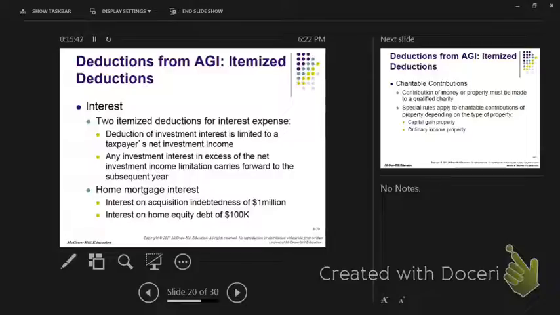It was usually like you could drop your interest rate by 1 point by paying 1% of your loan. So if your loan was $100,000, you paid $1,000, your interest rate could come down.